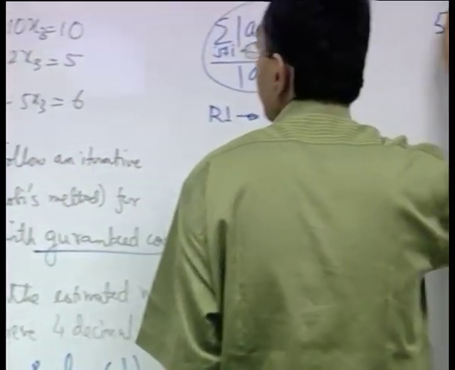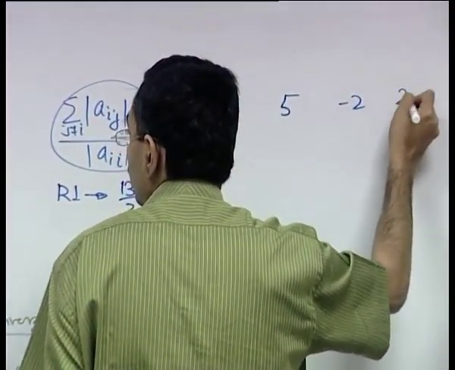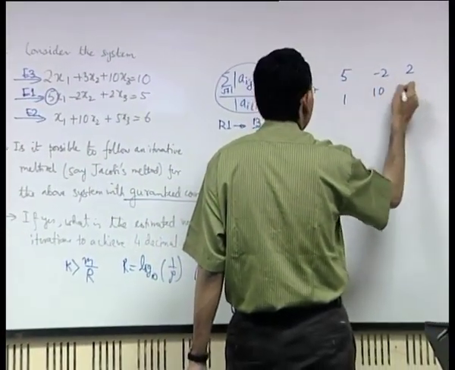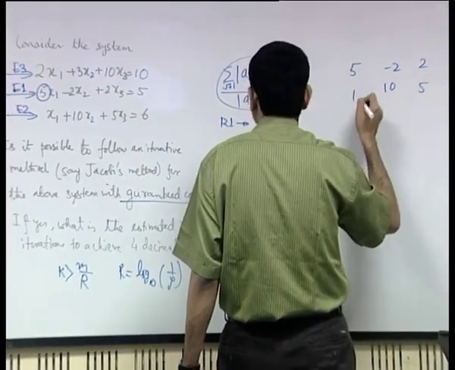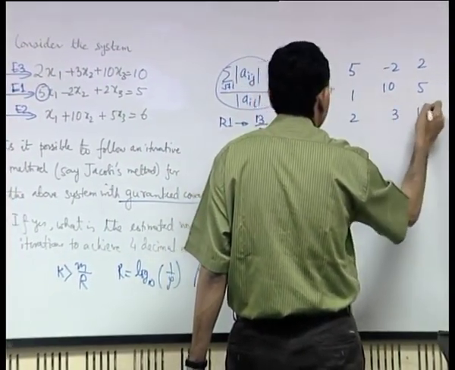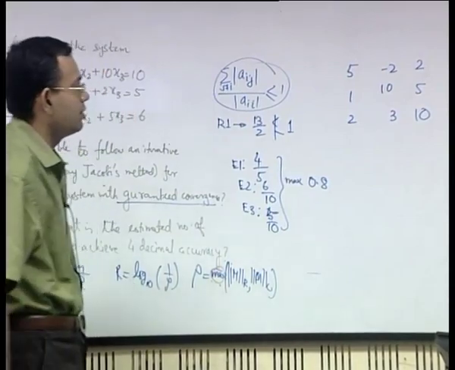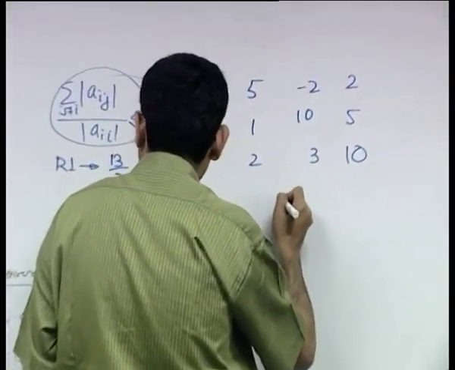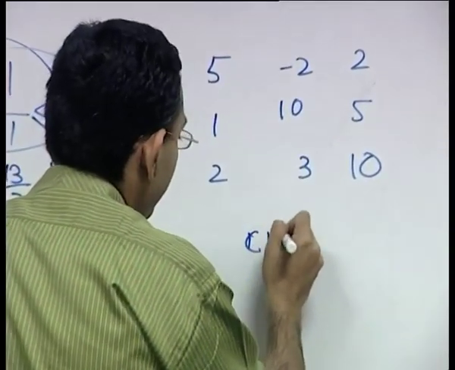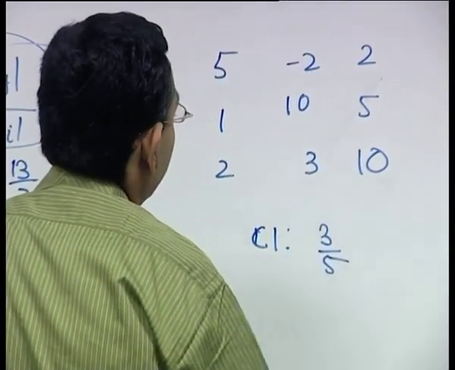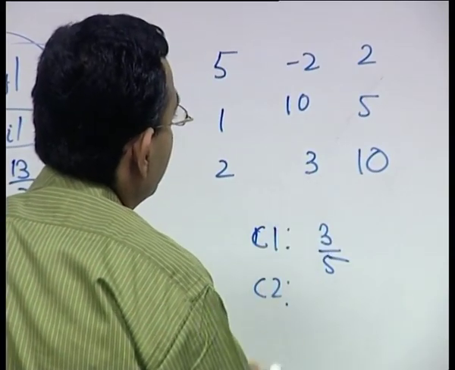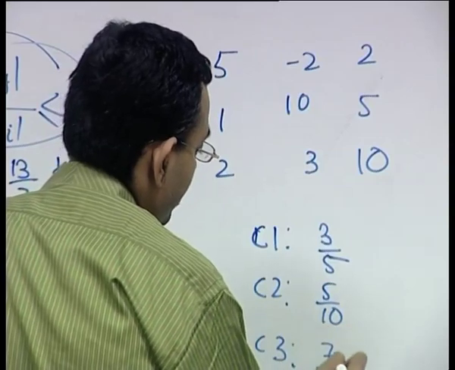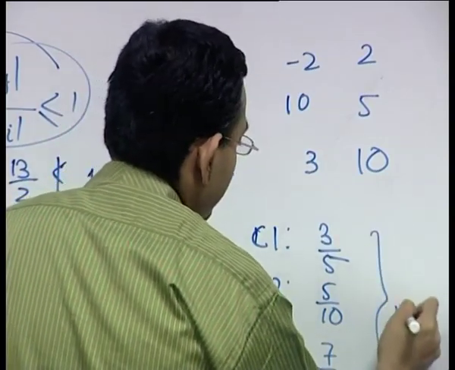The first row is 5, minus 2, 2; the second row is 1, 10, 5; the third row is 2, 3, 10. So, for column 1 it is 3 by 5, column 2 is 5 by 10, column 3 is 7 by 10. So, the max is 0.7.